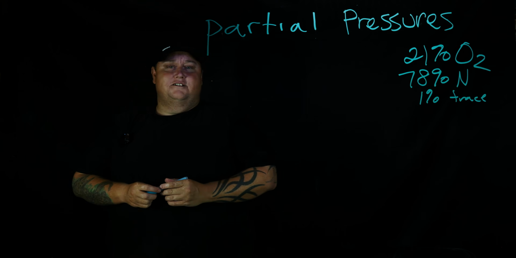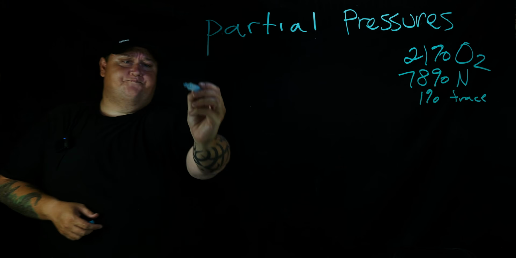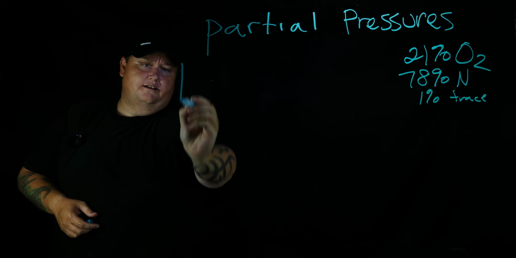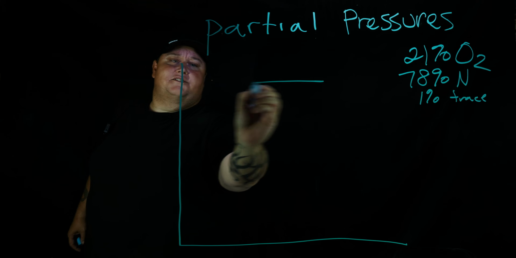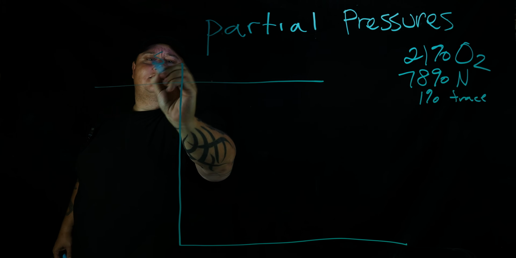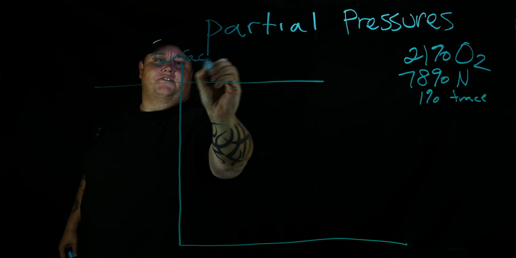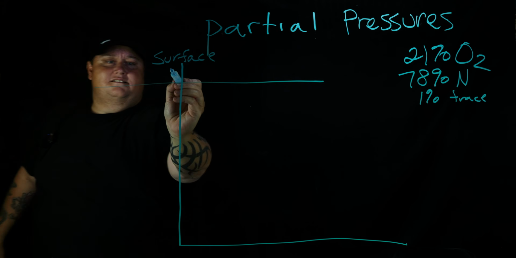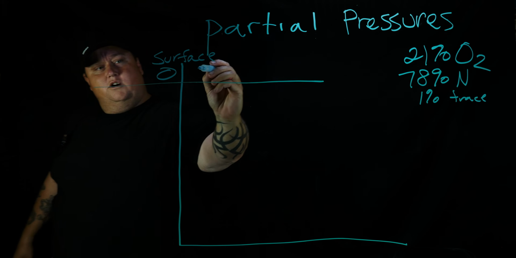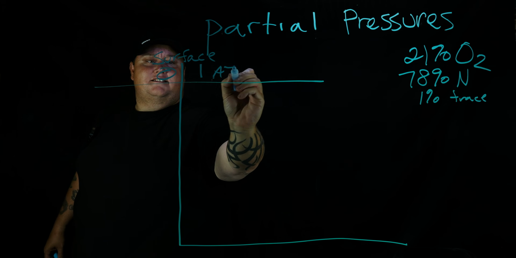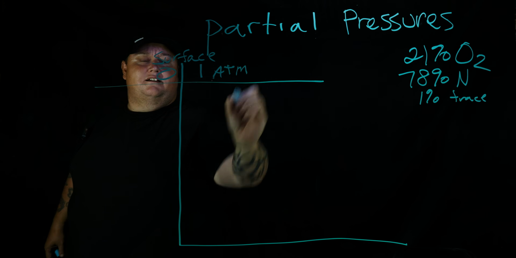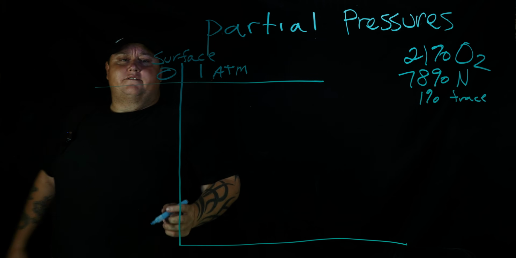All right, so you remember our dive tables? We will say this is our dive. Right here, let's just call this the surface. Surface, 0 meters, 1 atmosphere, or 1 ATM, or ATA, 1 bar, whatever you want to do.